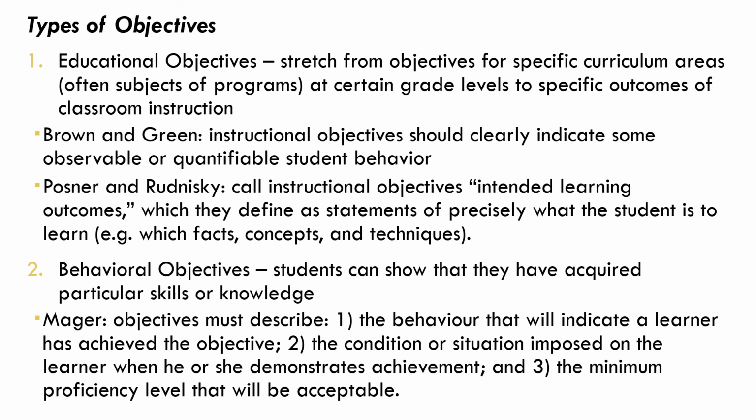I think this is very clear when you use the ABCD format, or the other format that lists in chronological order. The examples we had earlier, you could categorize them as either educational objectives or behavioral objectives.